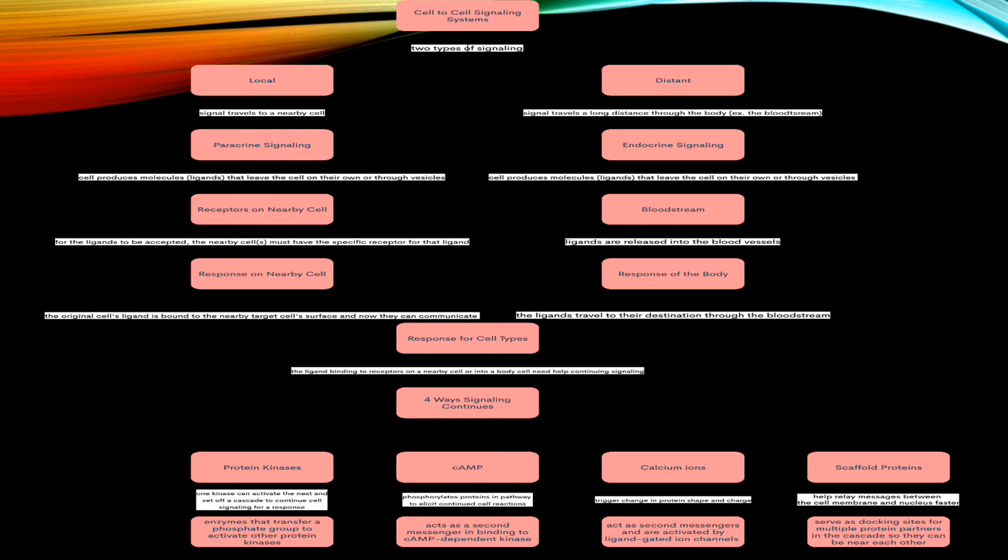And then we have cyclic AMP, which acts as a second messenger, and it binds to cyclic AMP dependent kinases, and it also helps those kinases to phosphorylate in order to elicit a continued cell response and reaction. And we also have calcium ions acting as second messengers, and they're activated by those ligand gated ion channels.